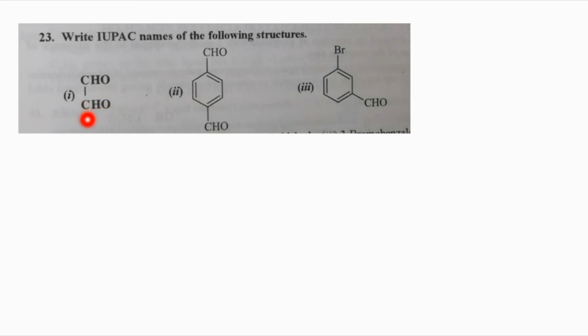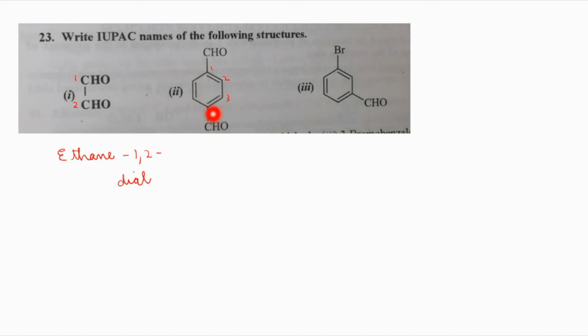So what's the name of this compound? 2 carbon atoms are there and 2 aldehyde groups are also present. So earlier it was ethane. Whenever 2 functional groups are coming, we will write the complete name. So ethane 1,2-dial. This will be the name of the compound. Correct, no?